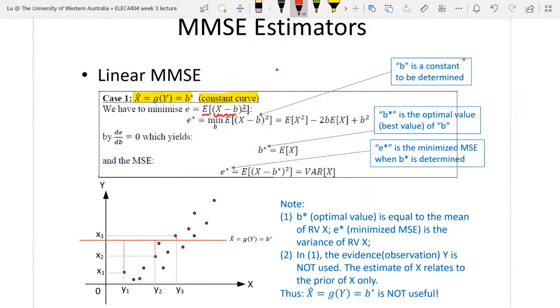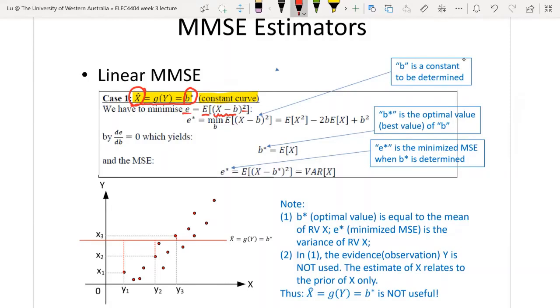That's true because x is just a random variable itself. The b is our estimation because x hat is equal to b. So we are using the true value of x minus our estimation to get the estimation error, and then square it, and then take the expectation to get the mean square error.